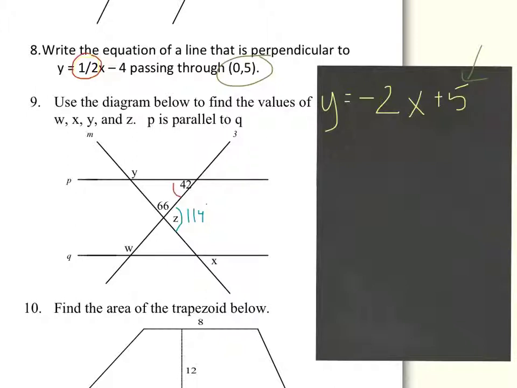If this is 42, I hope you can see it, we've got our little situation going on right there. If that's 42, then this is also 42 because of our alternate interior angles. Then we can figure out what this one is using either same side interior or linear, kind of depending on which one you want to do. And that would be 138, which would be equal to W.